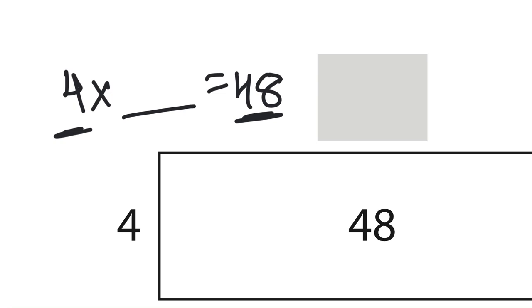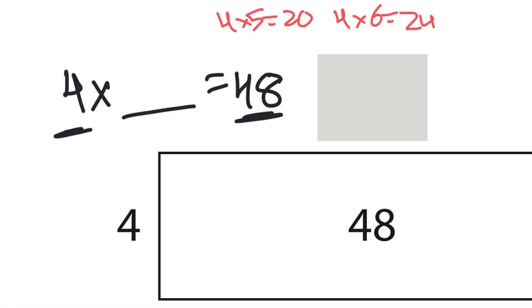Maybe I could teach you a little trick with fours. If you're looking at this and you're thinking, oh, math facts, 4 times something is 48. Well, go through your math facts. You might start with fives and say, well, 4 times 5 is 20. Well, that's not big enough. 4 times 6 is 24.